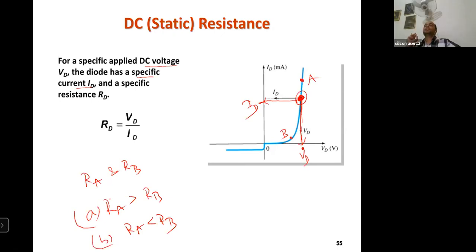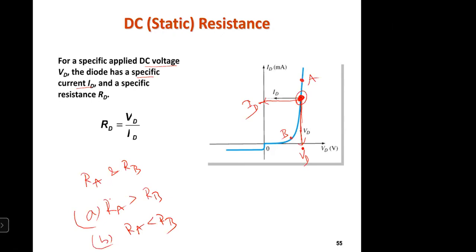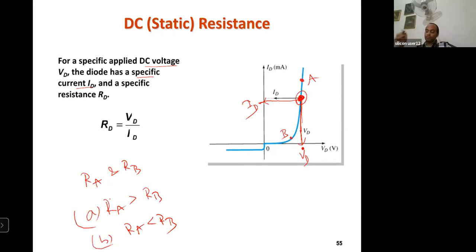Yes. In a simple thing, you just see resistance means how much it is opposing the flow. We saw that initially it was closed, it was opposing the flow of current. When the voltage is increased, at that time it is switched on, it is allowing the current to flow. So obviously towards the right side it is allowing, and in the left side it is stopping.